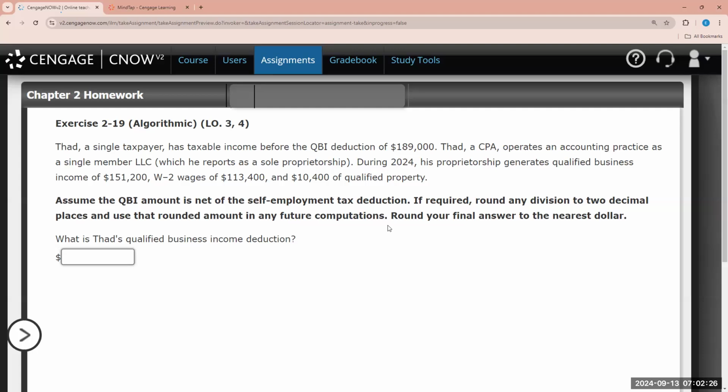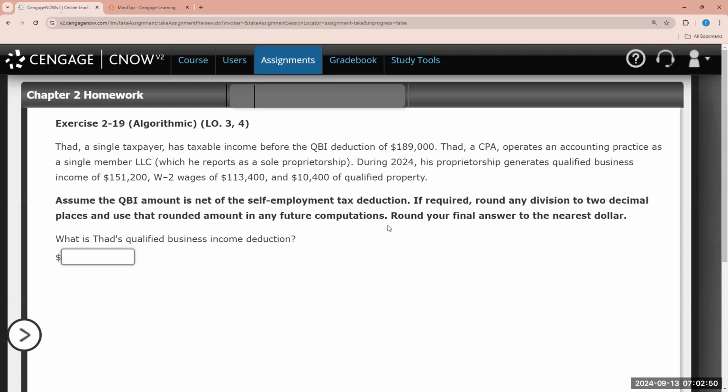So now for this example, it's asking what is that qualified business income deduction? It says that a single taxpayer has taxable income before the QBI deduction of 189,000. A CPA operates an accounting practice as a single member LLC, which he reports as a sole proprietorship.